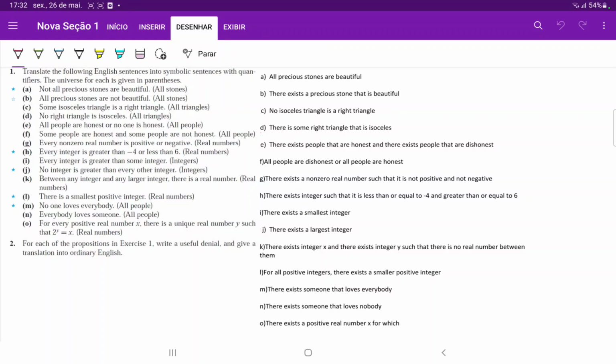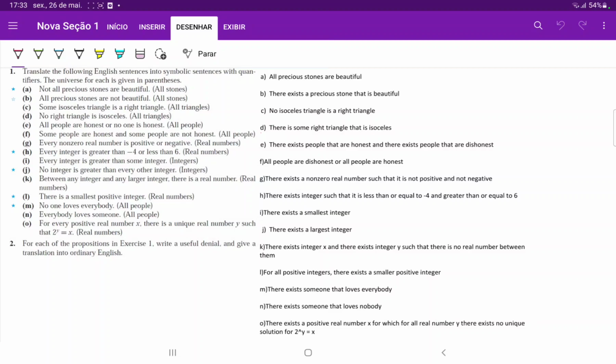For all real numbers y, there exists no unique solution for 2 to the power of y is equal to x.